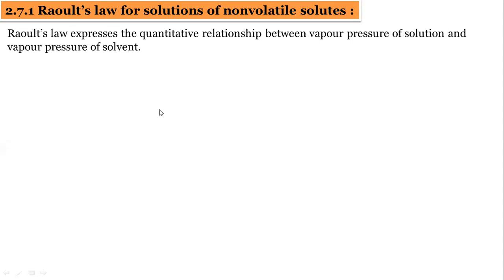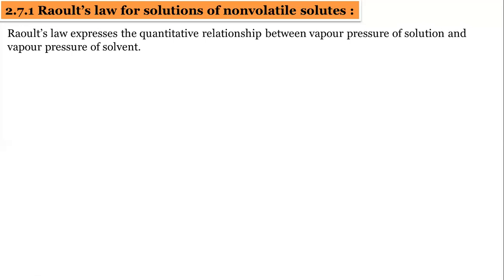It is the relationship between vapor pressure of the first Raoult's law. I just explained that the earlier Raoult's law was related to the partial vapor pressure and vapor pressure, but this Raoult's law is related to the vapor pressure of the solution and vapor pressure of the solvent.